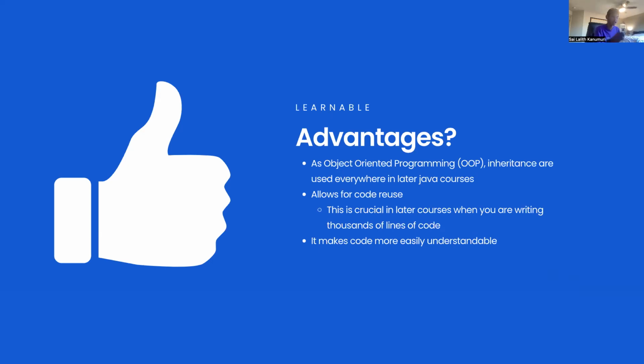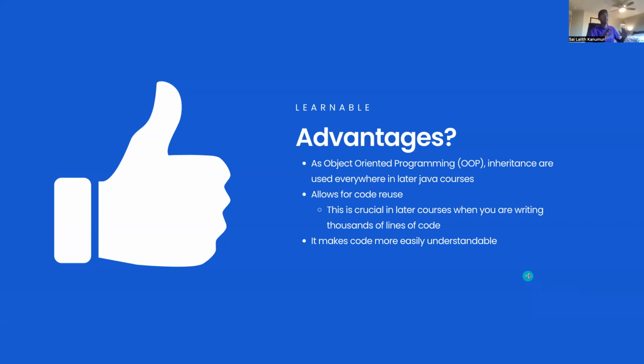But when you start to code for a really complicated class, or for an internship or a job, the less code that you write, the better, because less code is simpler to read. And code reuse is crucial for memory, and it's also crucial for data management, which is very important as you go more in depth into computer science and get a job.